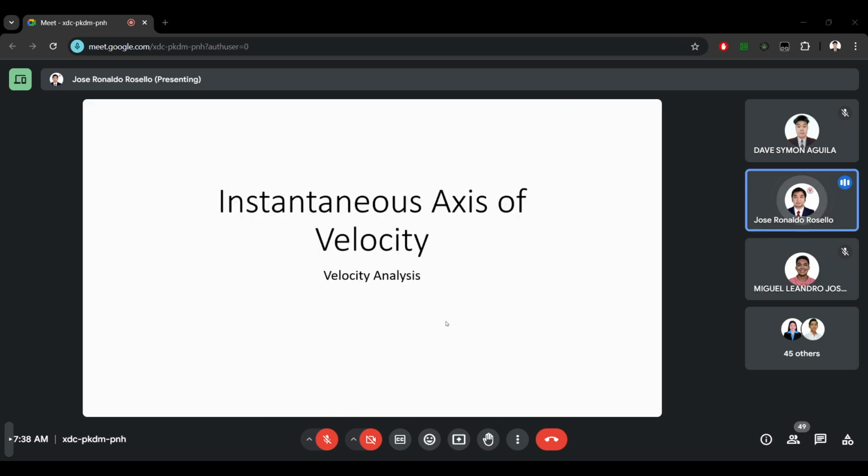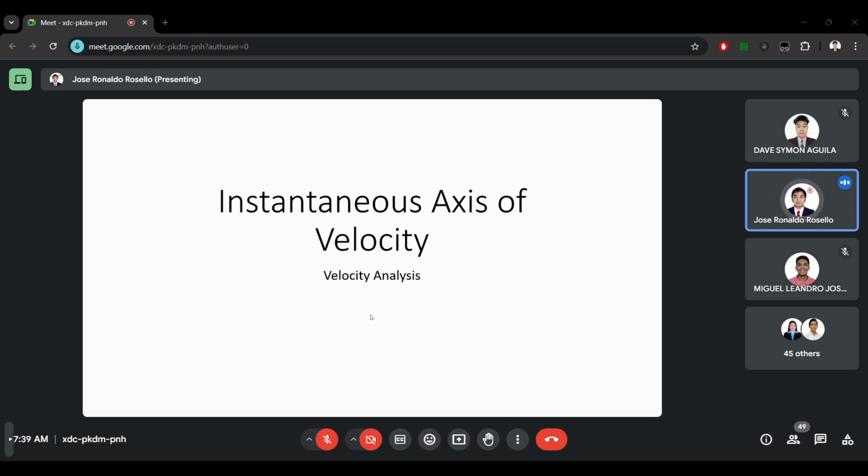For the instantaneous axis of velocity method, what we need to remember here is the term axis. What does axis mean? When we say axis, it is the reference point of a movement.